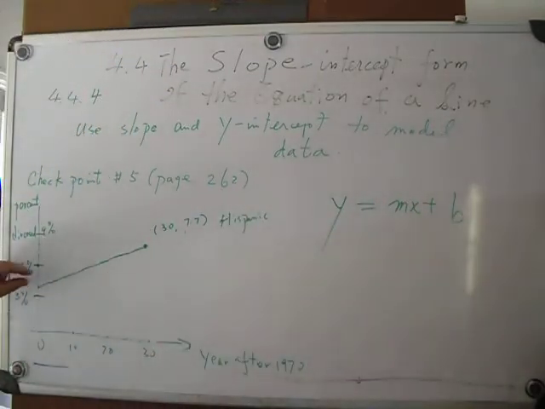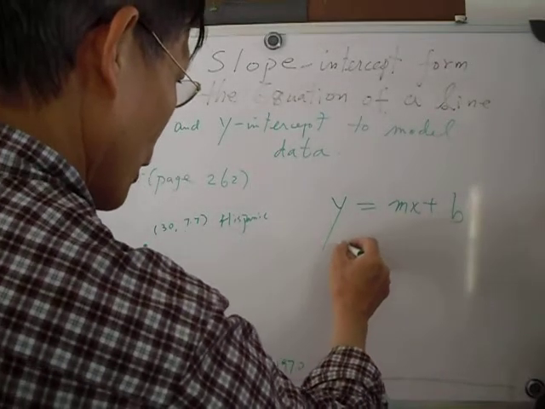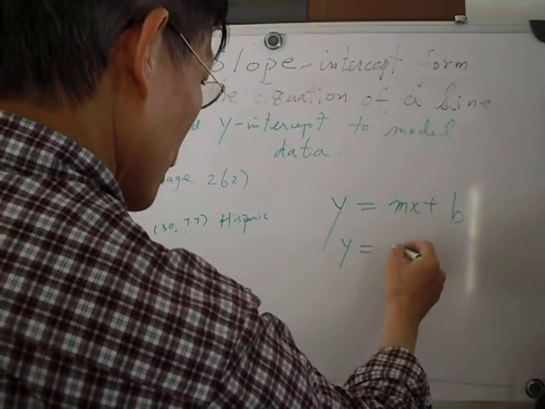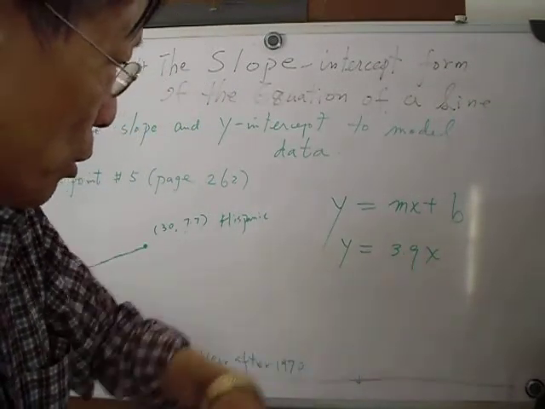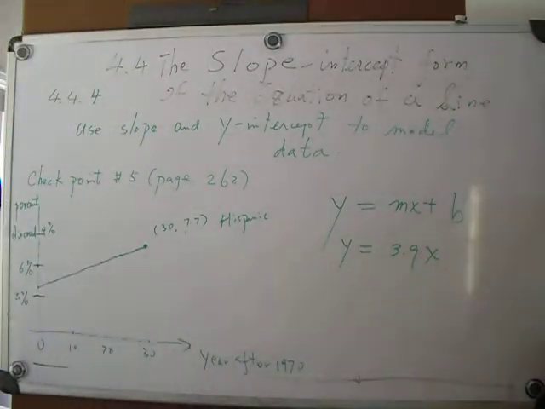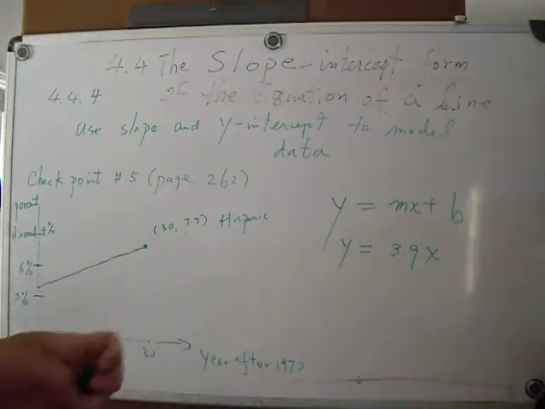We have the y-intercept already, slightly less than 4. So y equals 3.9x. If you put 3.8, that'll be fine. Okay, I identify 3.9.